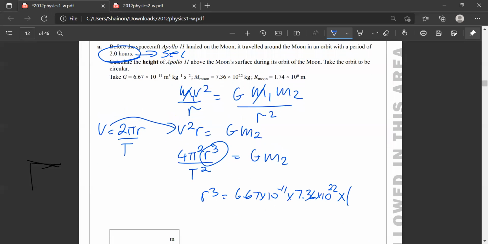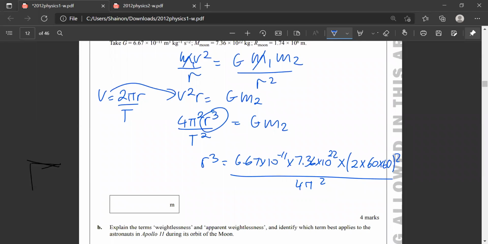So then 60 squared over squared. So then r should equal 6.67 times 10 to the negative 11.